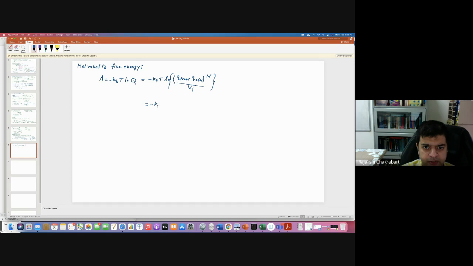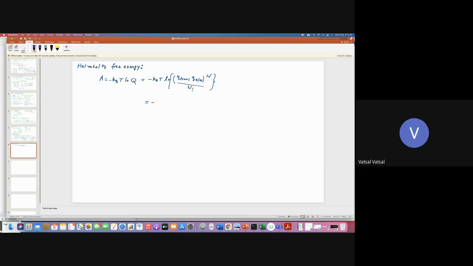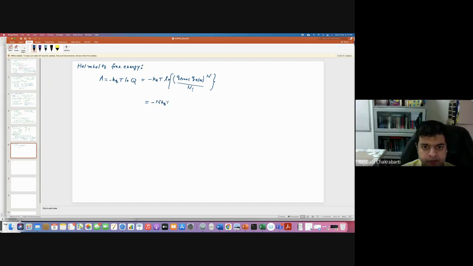So it is going to be minus kBT. I can take that N common, no? Put it here. Let me write down properly. I hope you are following. Minus N kBT ln. Now it is going to be Q translation divided by N factorial. So let me write down translation first. This is translation, but you have ln N factorial.